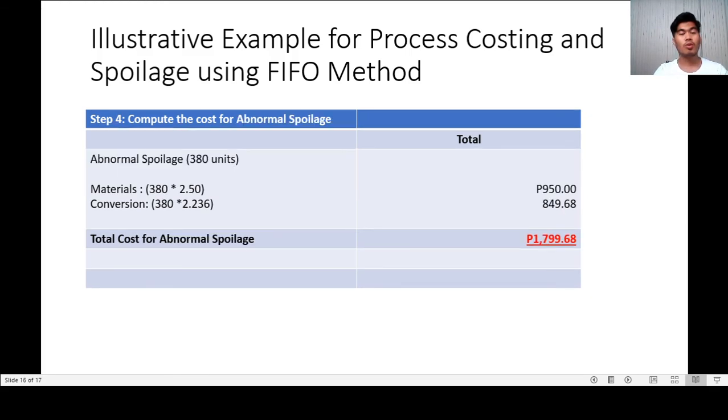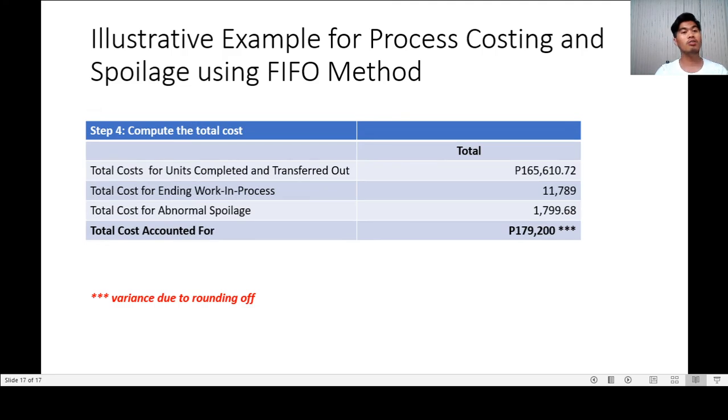So yung compute the abnormal spoilage, yung 380, again same lang pero magkaiba lang doon sa equivalent unit cost na 2.5 and 2.236. So yung abnormal spoilage natin is 1,799.68. So kung i-account mo lahat, yung computed total cost, same lang siya, 179,200.